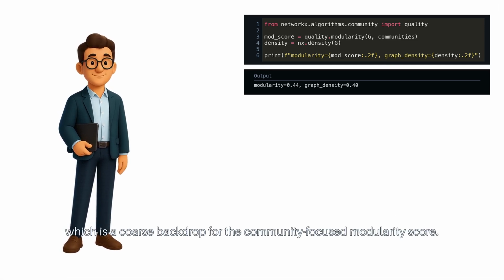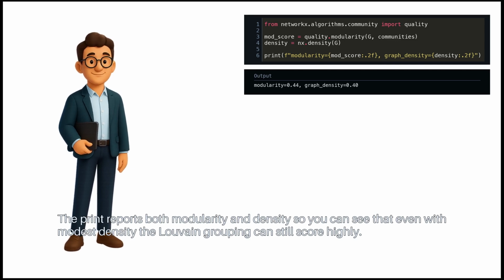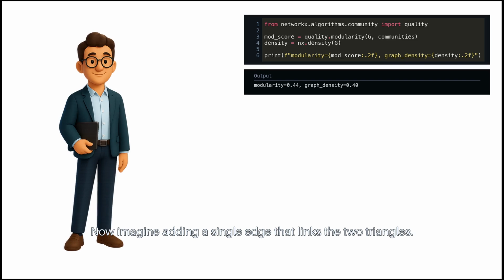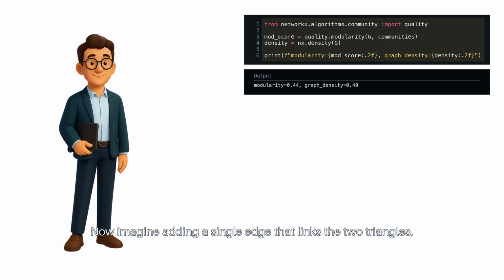NetworkX density computes the global edge density, 2 times m over n times n minus 1, which is a coarse backdrop for the community-focused modularity score. The print reports both modularity and density, so you can see that even with modest density, the Louvain grouping can still score highly. Now imagine adding a single edge that links the two triangles.